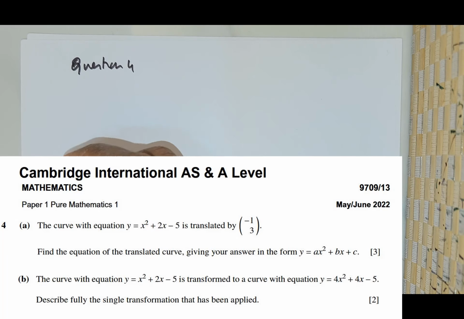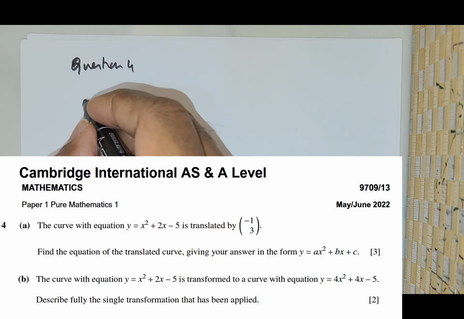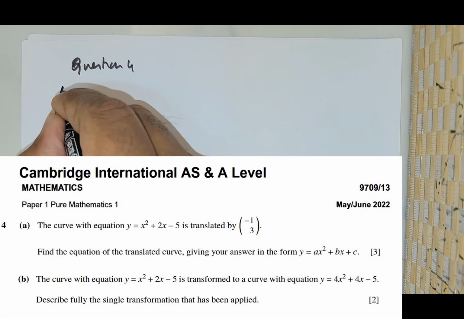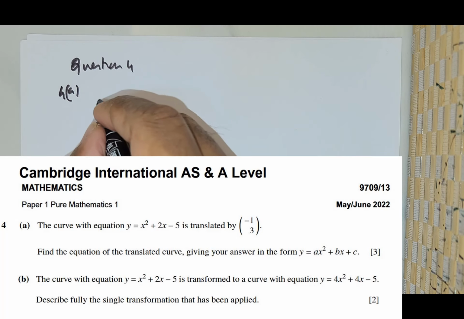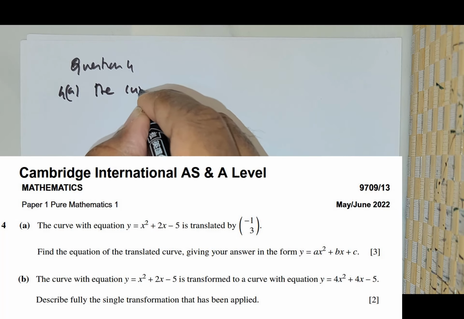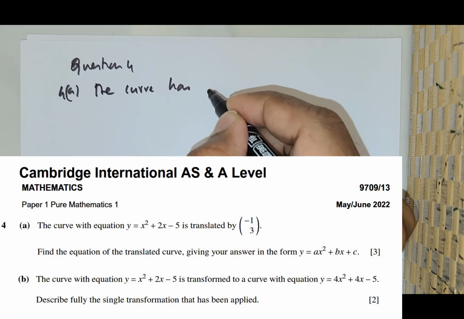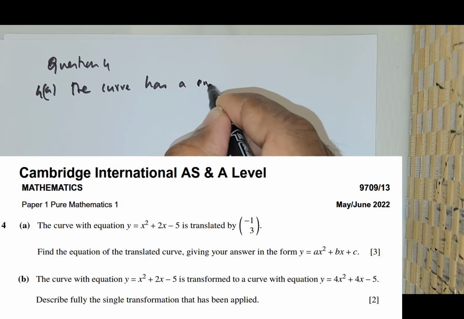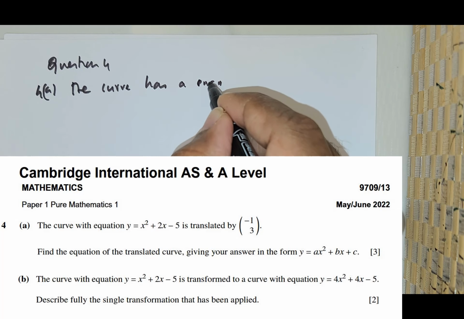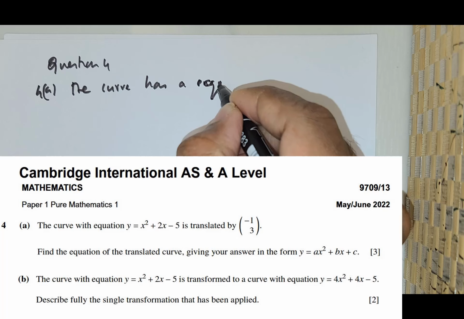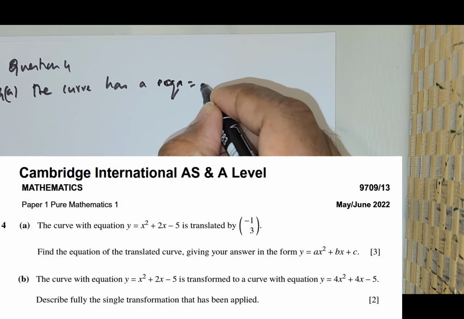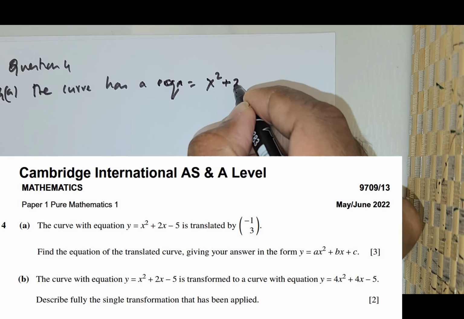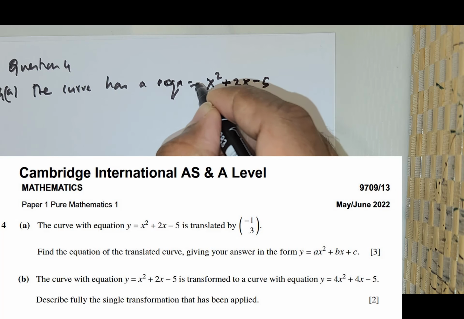Okay, students, so let's do question number 4. Let me rewrite the question. This is question 4a. The curve has an equation of x squared + 2x - 5.